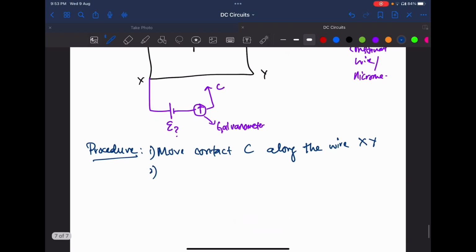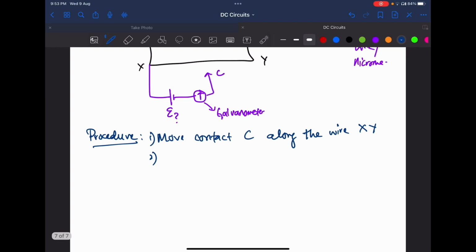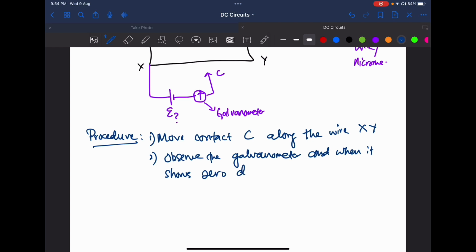Number 2, observe the galvanometer, and when it shows 0 deflection, also known as null deflection, it means 0.